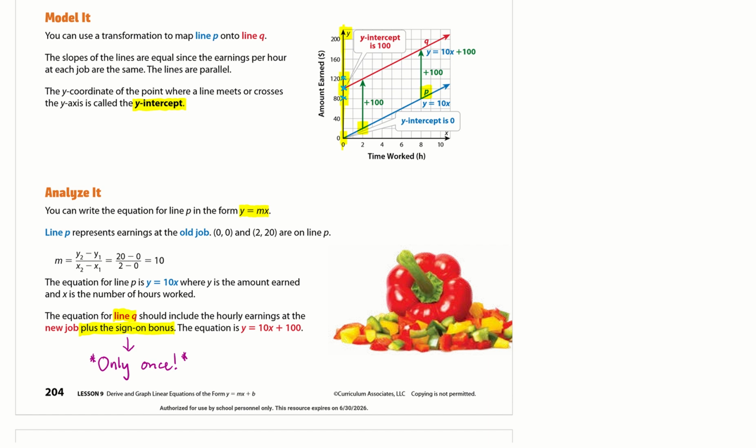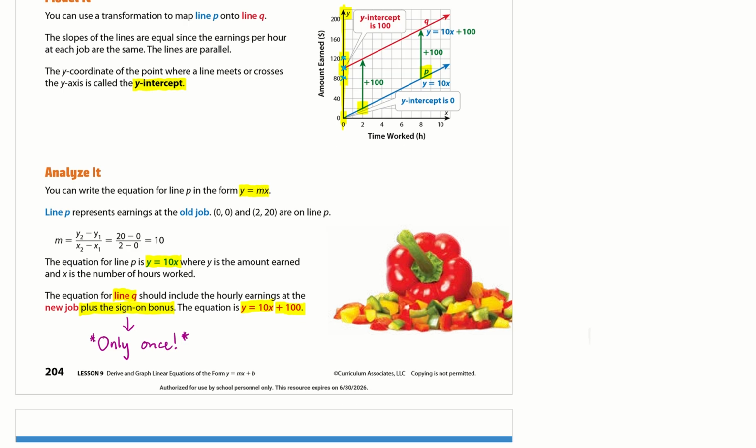If you were to get a job and you have a sign-on bonus, you get that bonus one time, and that is when you sign your contract for that job. So that's where this new equation comes from: y equals 10x, that's the old job's equation, line P, plus an extra $100 for the sign-on bonus. And there's your equation for line Q.